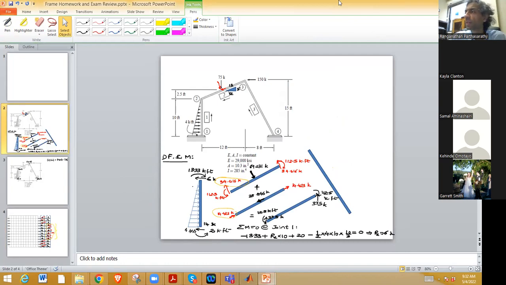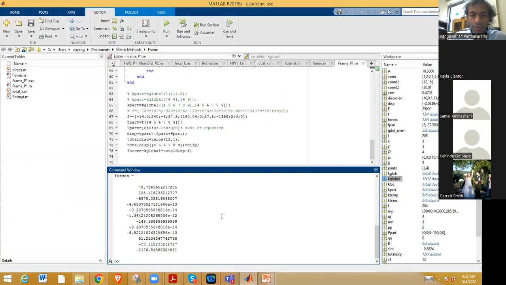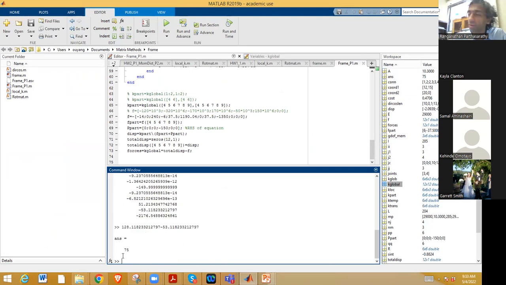Now let's check our total vertical load. First we can check sigma y. It is x, y, and moment. So the second one, this one, and the last one, 75 kips. 75 applied down, 75 up is balancing.